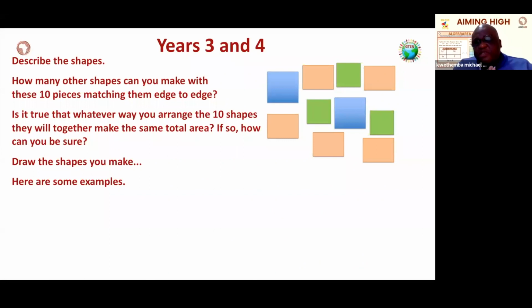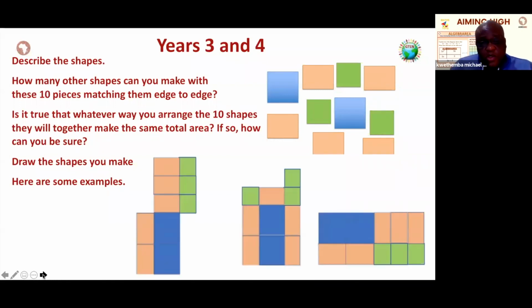Here, with the 10 pieces, we ask, how many other shapes can you make with these 10 pieces? Let the kids play with the pieces, bring them together edge to edge, and see what other shapes they can form. And that's still following the same rule that they must match.